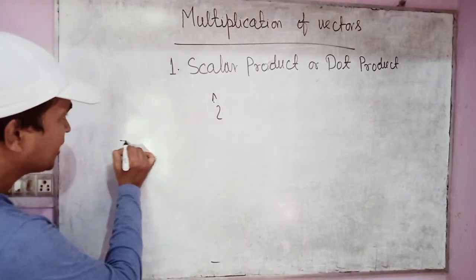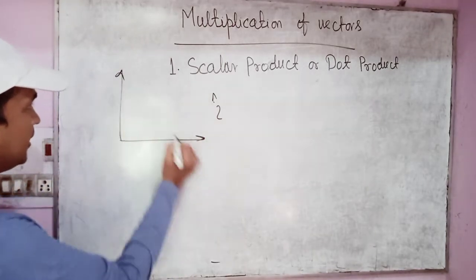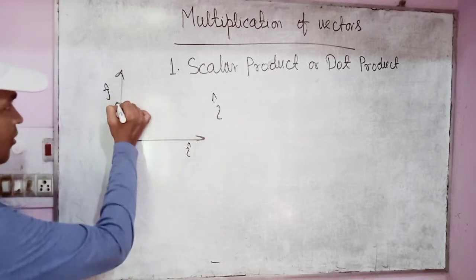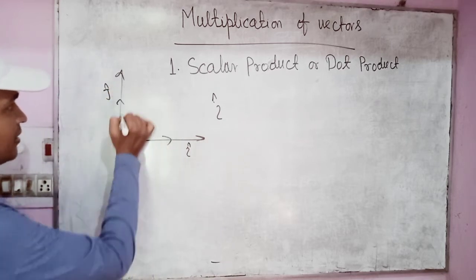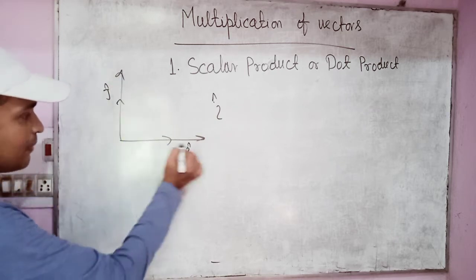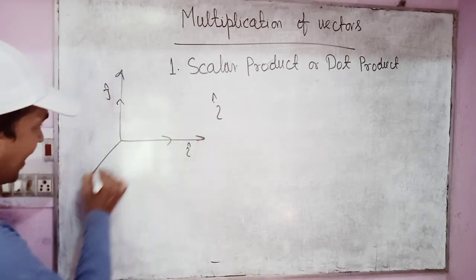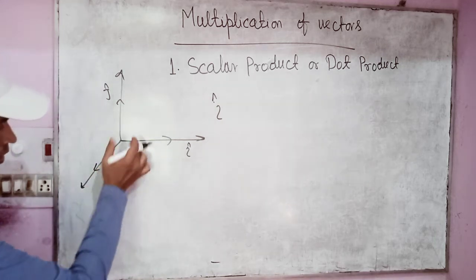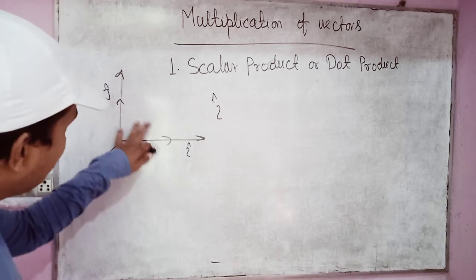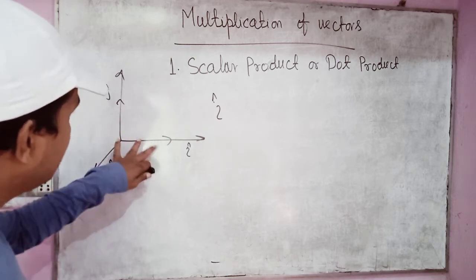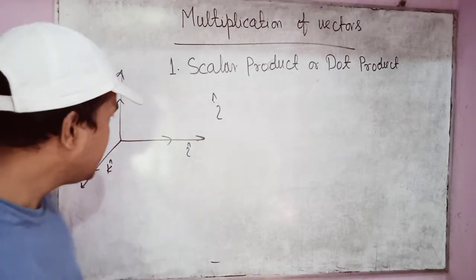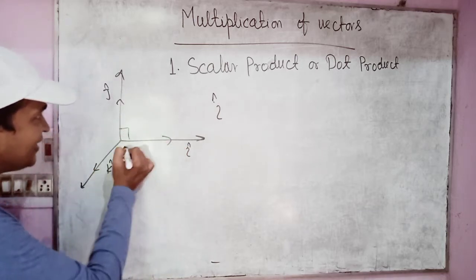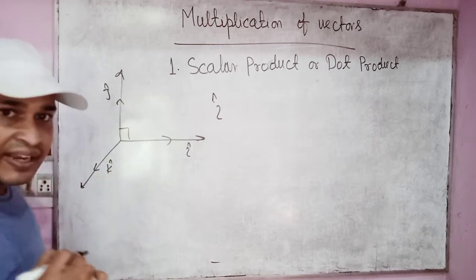Let us make the Cartesian coordinate axes. We know i cap is the unit vector along the x-axis, j cap is the unit vector along the y-axis and k cap is the unit vector along the z-axis. The angle between these unit vectors is 90 degrees. It means the angle between i cap and j cap is 90 degrees, the angle between i cap and k cap is 90 degrees, and the angle between j cap and k cap is 90 degrees.